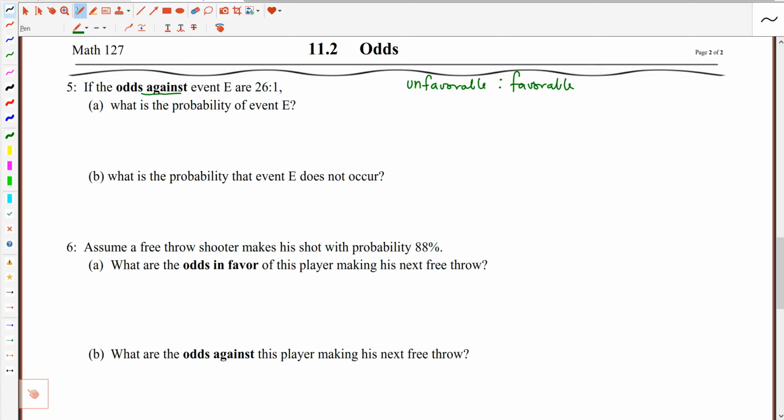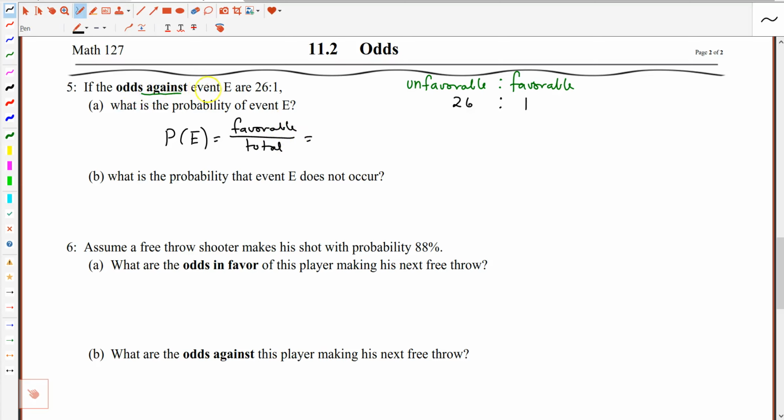So in this example, there are 26 ways your event does not occur, and apparently 1 way your event does occur. So if I want to find the probability of your event, probability will list the number of ways your event occurs, which we can think about as the favorable outcomes, the ones that satisfy your event, and then the denominator is the total number of outcomes in your sample space.